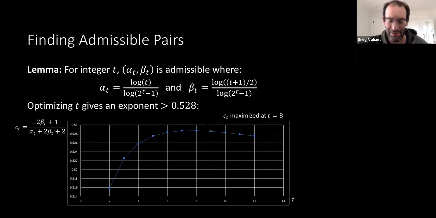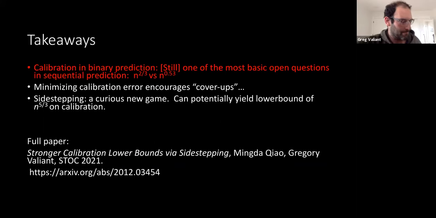At this point, it's not an especially hard proof. It's also not especially interesting, but I think understanding this sidestepping game a bit better would be worth doing. And I'm pretty optimistic that one could get quite a bit better lower bounds via the sidestepping game.